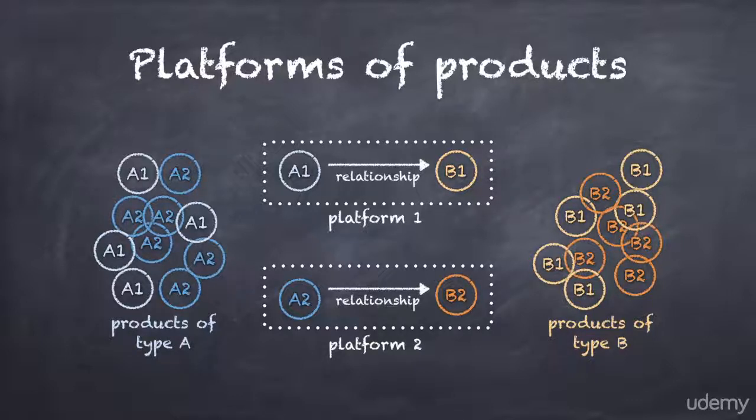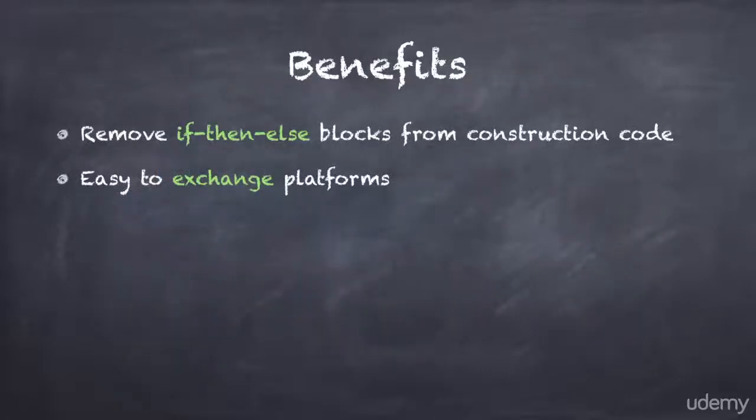The biggest benefit of the abstract factory pattern is to remove ugly if-then-else blocks from your code. Think about it. Without the benefit of having multiple platforms, you would need some kind of super platform that regulates the interaction of each possible product object with all other products.